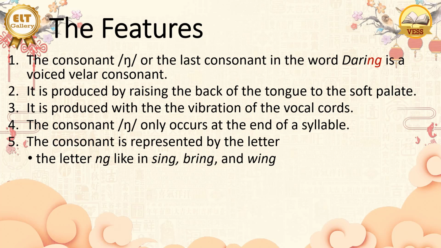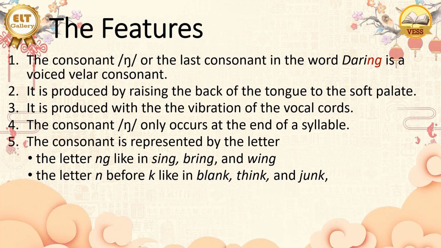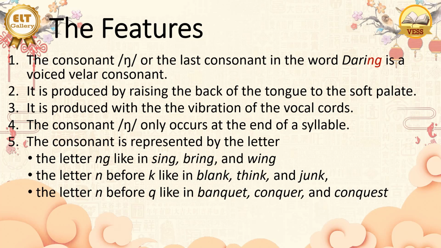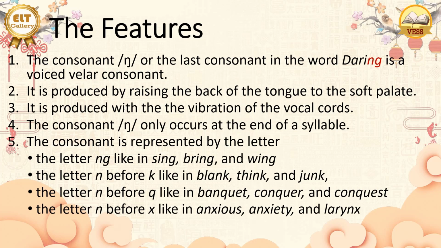The first consonant is represented by the NG letters, like in sing, ring, and wing. Then we have the letter N before K, like in blank, think, and junk. Then we have also the letters N and Q, like in banquet, conquer, conquest.